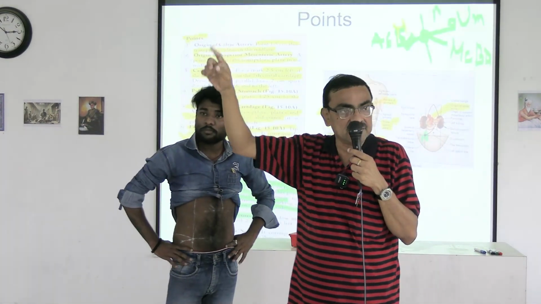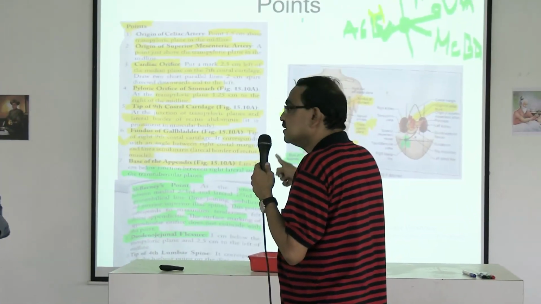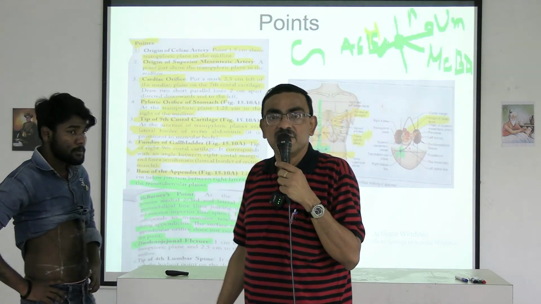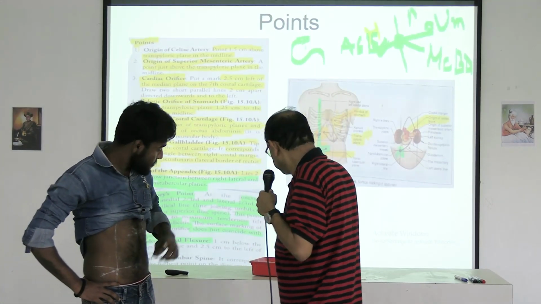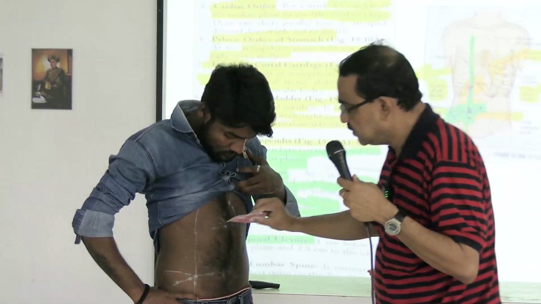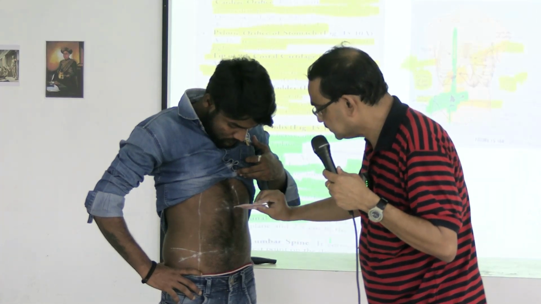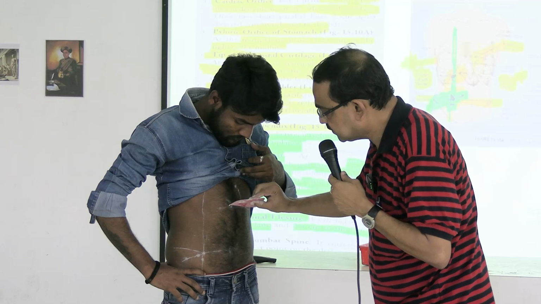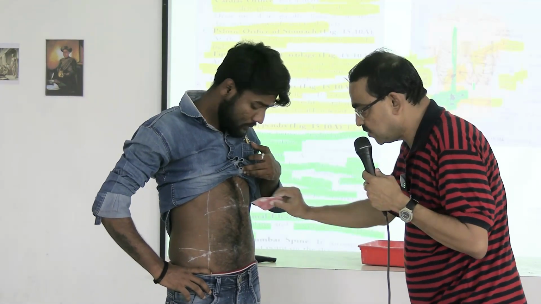So there is a flexure. Duodenojejunal flexure. How can we draw it? First, I have to draw the transpyloric plane again. The transpyloric plane or transpyloric line. Okay.